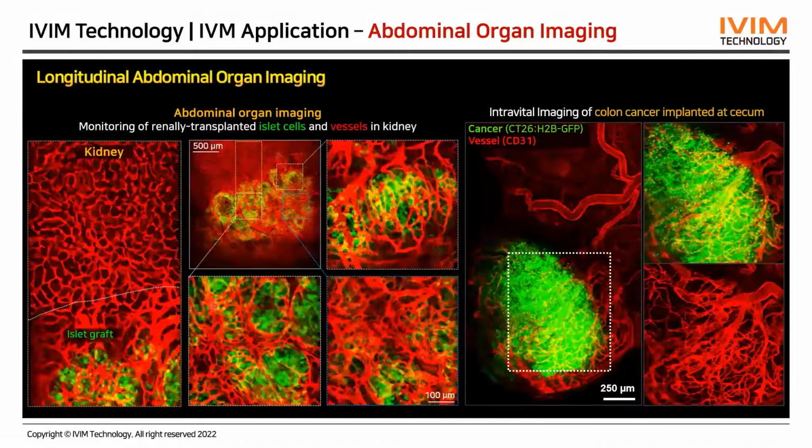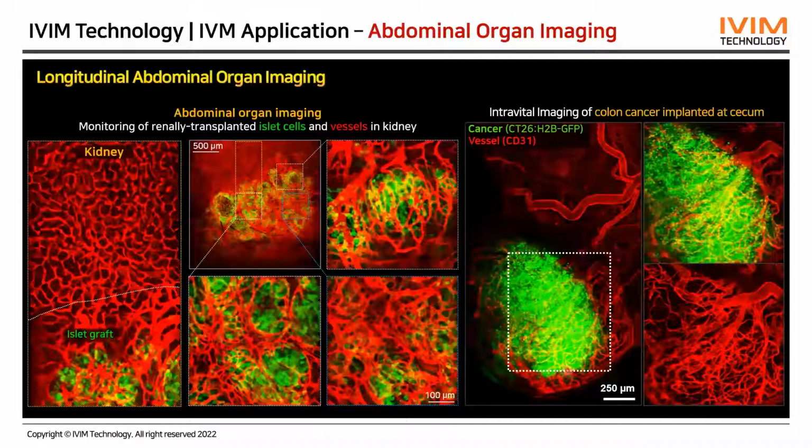In the kidney, after islet transplantation, we monitor islet cell engraftment and cell development in a long-term manner. In addition, in a colorectal cancer model, we track the development of the cancer tissue in the cecum and changes in the microenvironment according to the treatment of anti-cancer drugs in the same mouse model, together with the vascular changes.